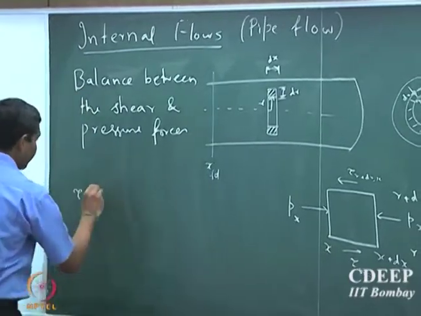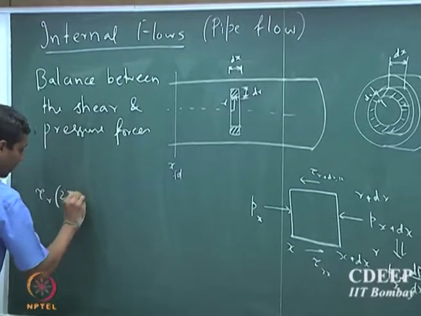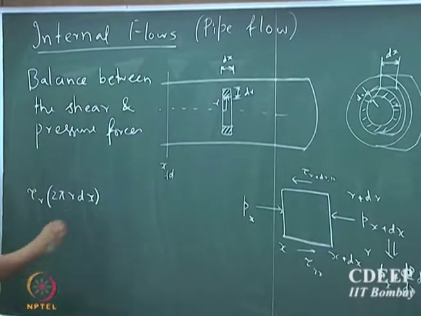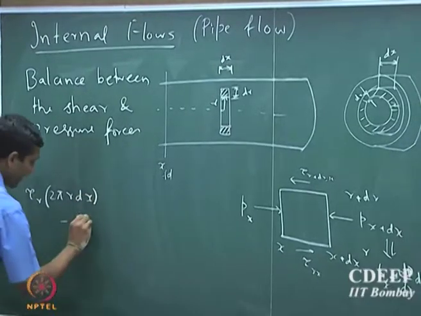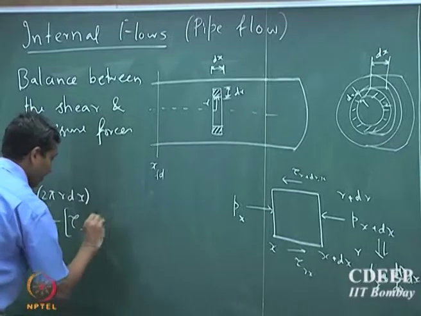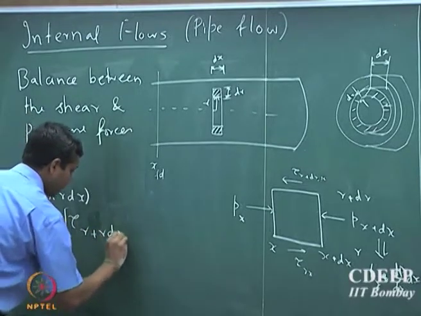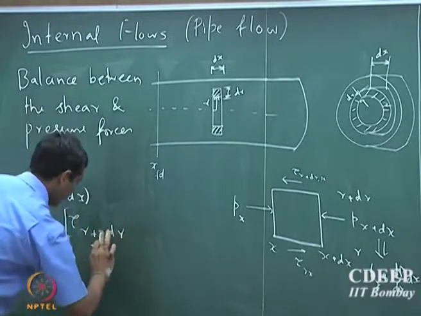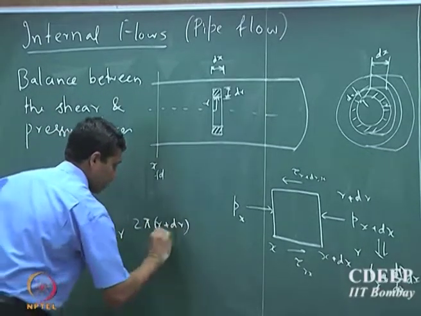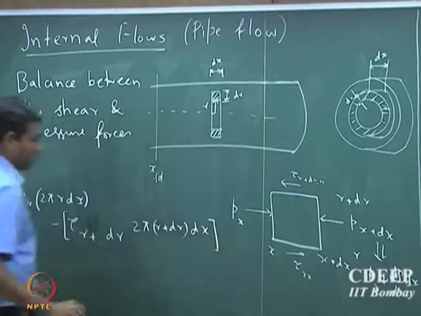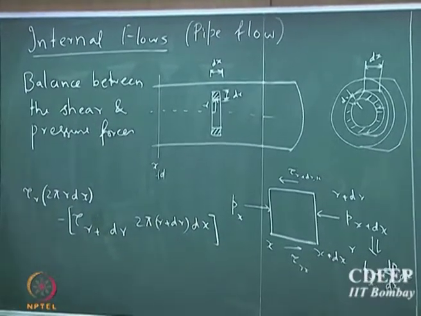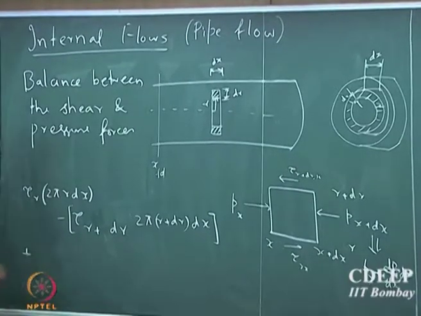So the area in which tau r is acting is 2 pi r into dx, minus tau at r plus dr, times 2 pi r plus dr, sorry, 2 pi r dr into dx. So that is the shear at the outer end of the shell.